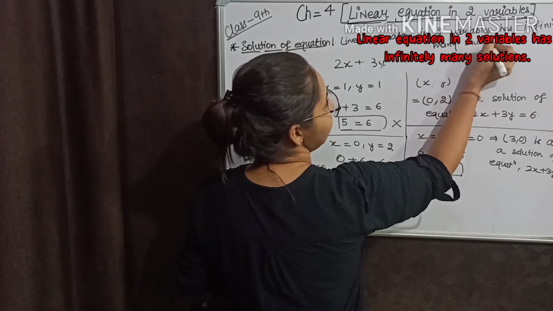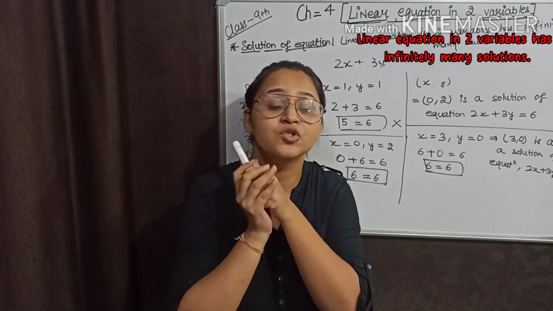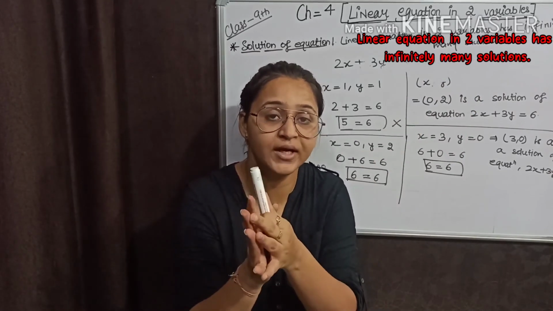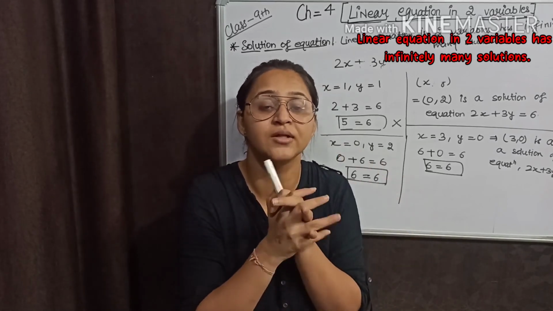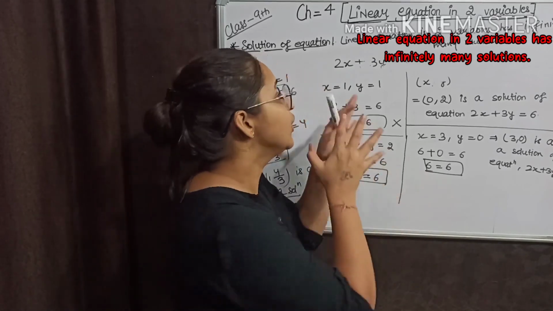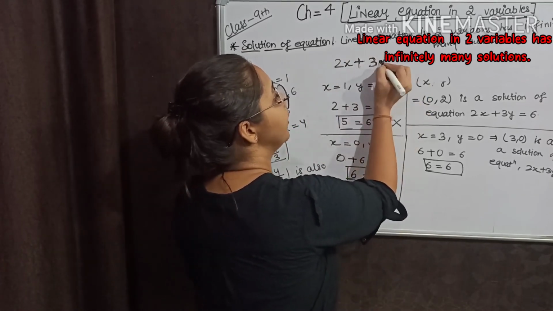What do you understand by infinitely many solutions? Infinitely means there are so many solutions. Infinite means you cannot count how many solutions are there. There are countless solutions to a linear equation in two variables.